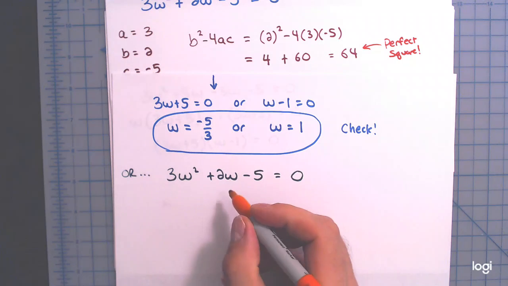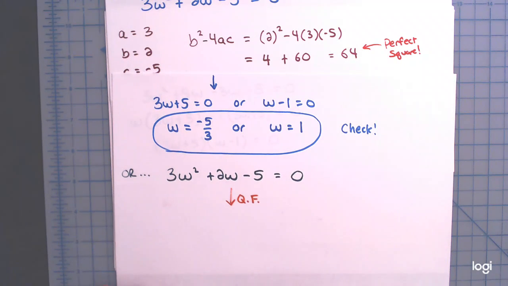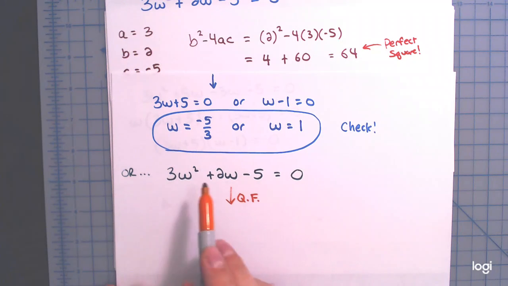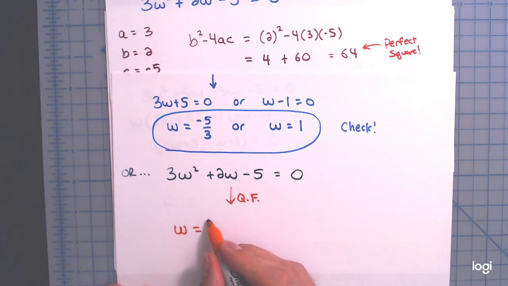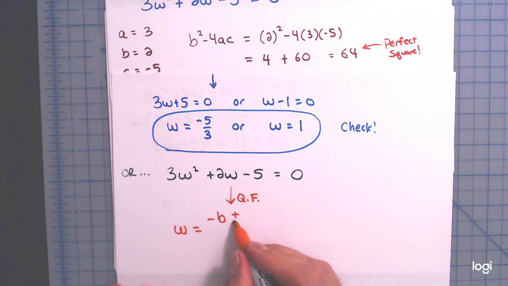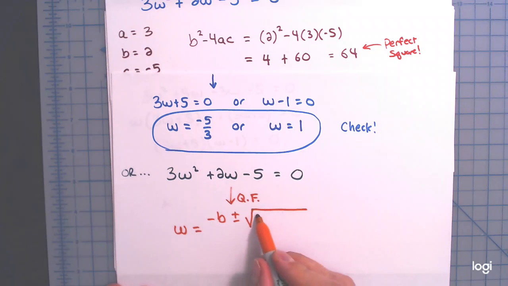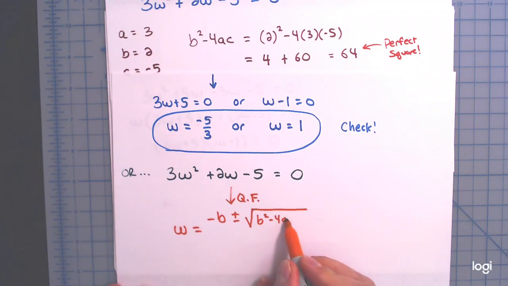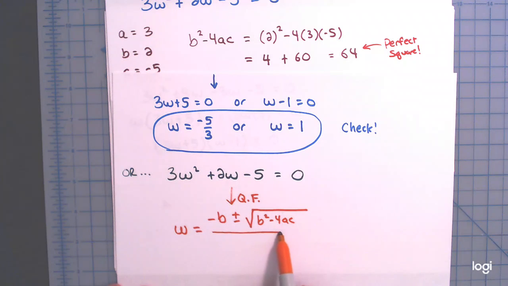Then by the quadratic formula, again, I'm just going to go QF for quadratic formula. The solutions of this equation will be w equals, the opposite of b, plus or minus the square root of that discriminant, that b squared minus 4ac, which we already found, and then all of that divided by 2a.